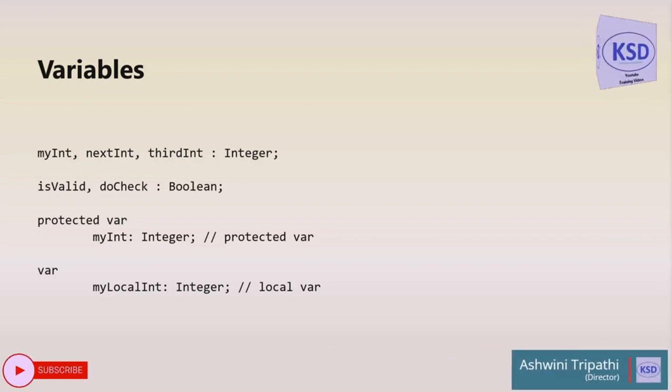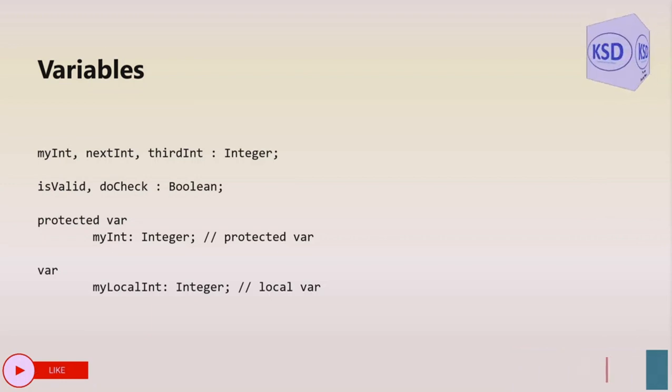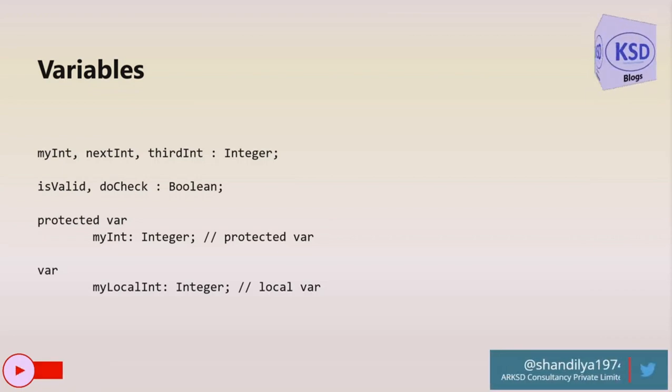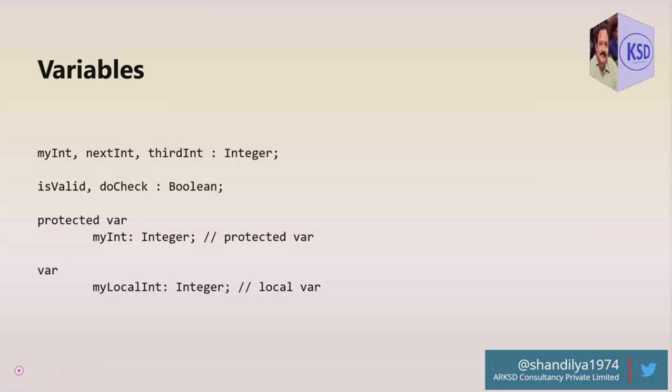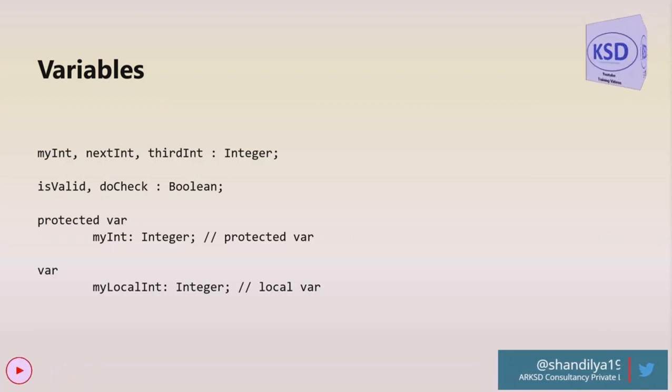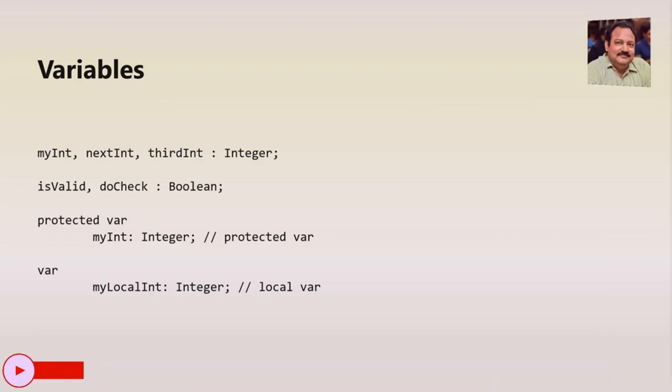Also, you can define a variable as protected. The protected keyword can be used to make variables accessible between tables and table extensions, and also between pages and page extensions.